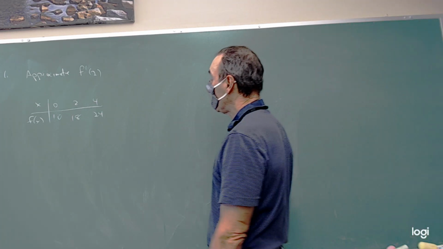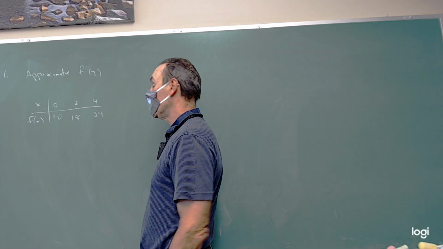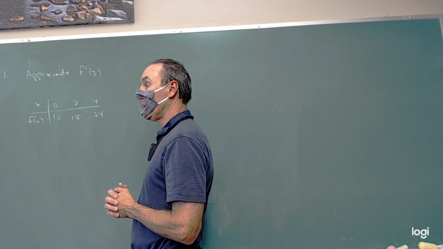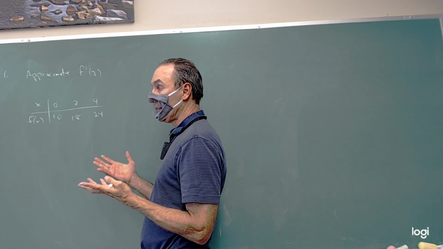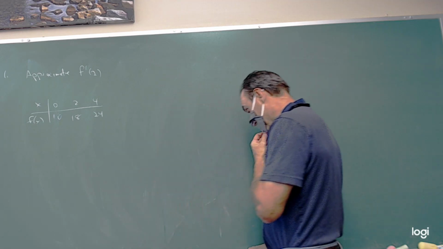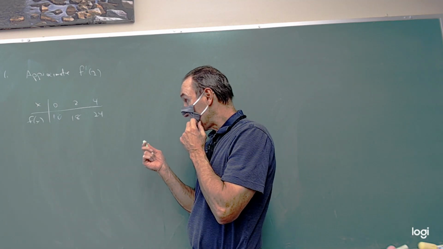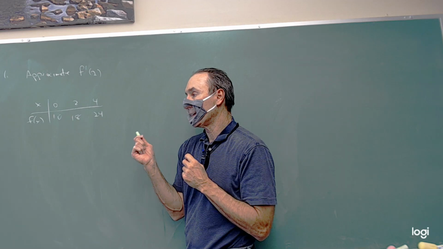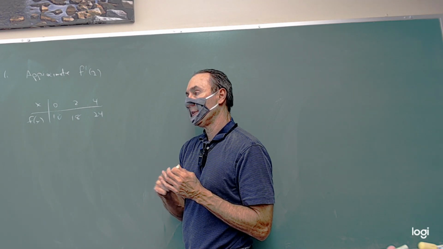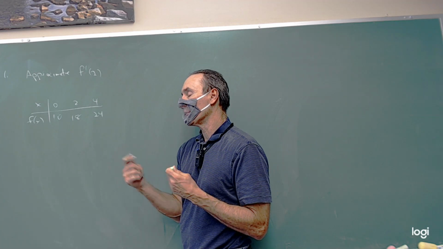So if we want to approximate f prime of 2, we can't find the exact derivative there. So we have a choice, and they don't really give you any direction, so you're free. So this kind of question has actually appeared on AP exams pretty regularly. Sometimes they'll give you more direction, like use the point to the right or the point to the left or some other kind of direction.